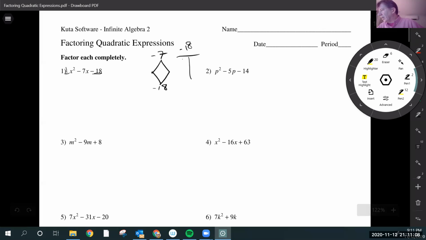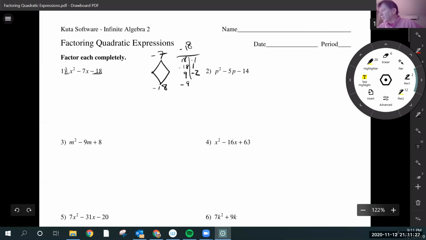So if I did 18, then that would have to be -1, and when I added those up, it comes up to +17. Also -18 and +1. And then I look and I say, oh, 9 and -2. So when I add those up, I get a +7, but that's getting me closer.